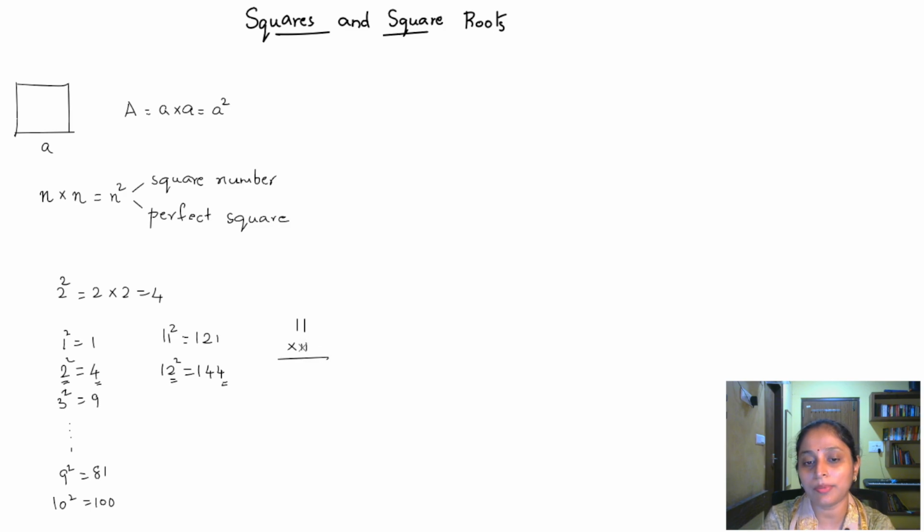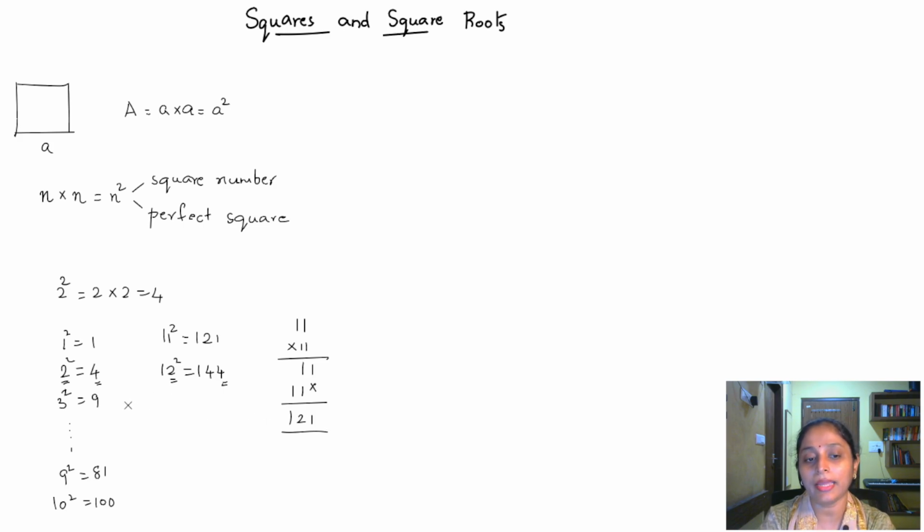First, I'm going to multiply the units place of this multiplier with this number, 1 into 1, 1, right? And then 1 into 1, 1, and then I'm going to take the next tens place digit and proceed further. So as long as the digit in the ones place is the same, the digit in the ones place of the product is again going to be the same. That you can see clearly from the multiplication process itself, right?